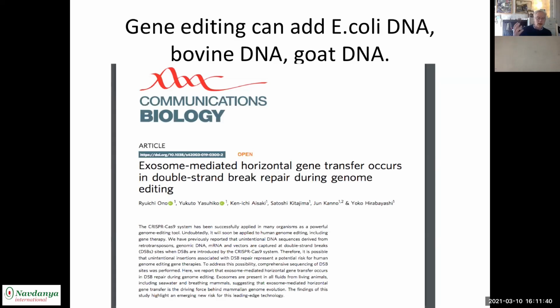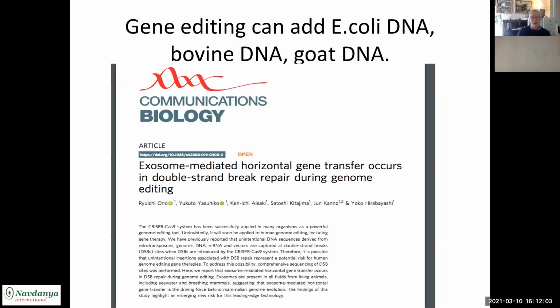Basically, they're having to purify some DNA in order to shoot the editing mechanism into the cell, but that DNA has contaminants in it. The contaminant in this case was E. coli because they'd grown up the DNA in an E. coli cell.